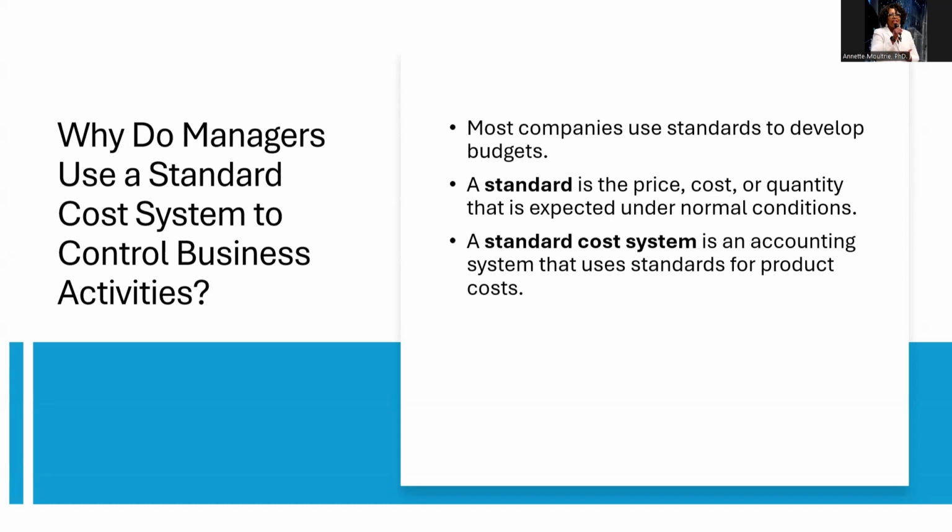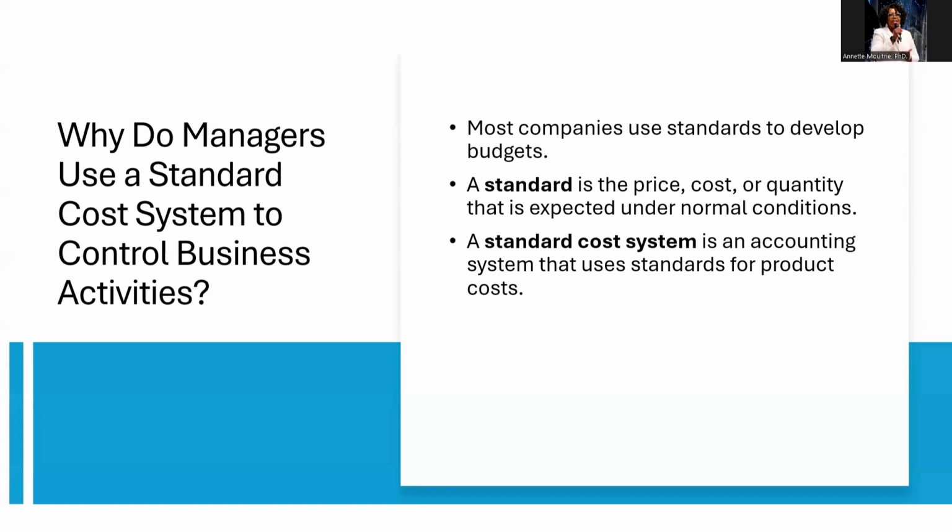This means the standard cost for direct materials is $1.75, which is used in both the static and flexible budgets. While the terms standard and budget are sometimes used interchangeably, there is a key difference.